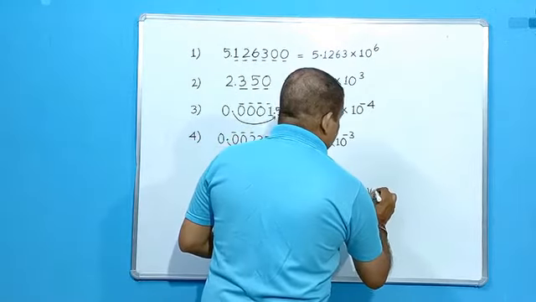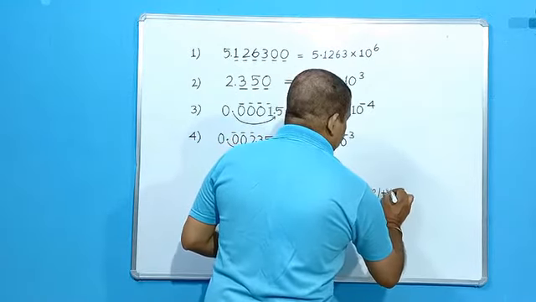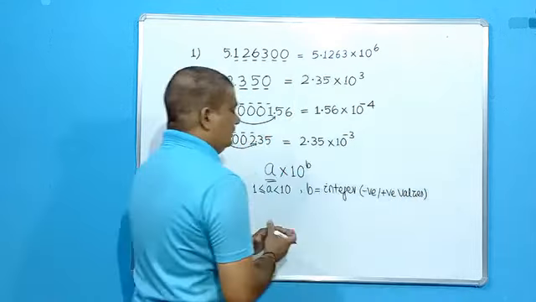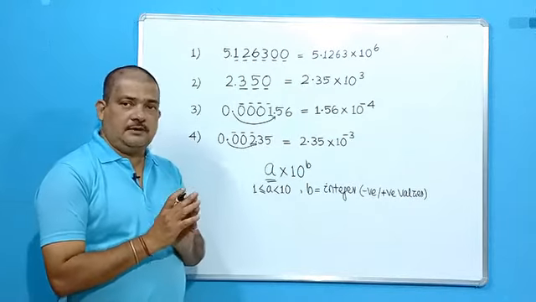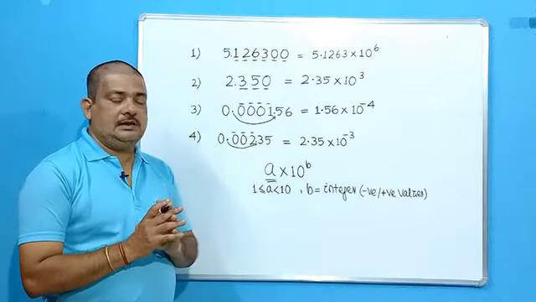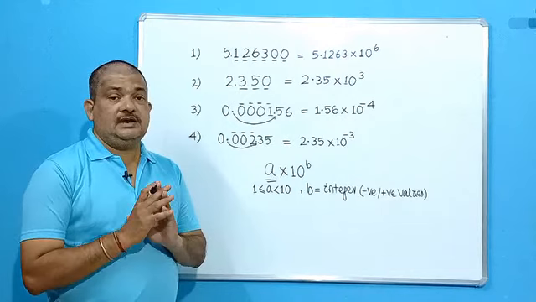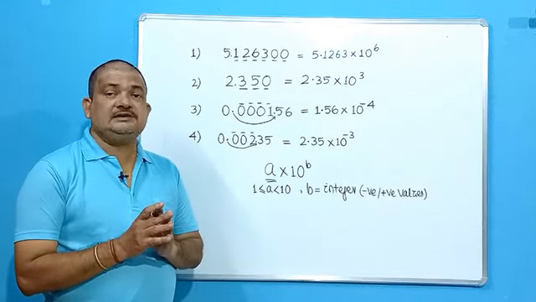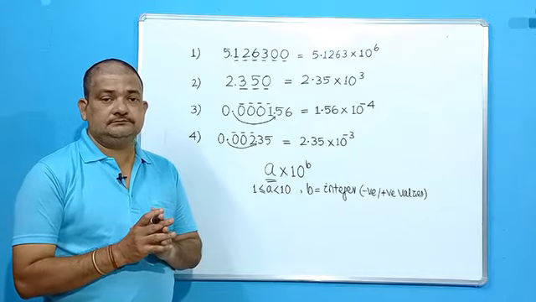Integer means it can have positive or negative values. Okay. So I think by now we have followed how to write down any number in terms of scientific notation. So next I will give you some assignments. You try to solve them and send it to me. Okay.